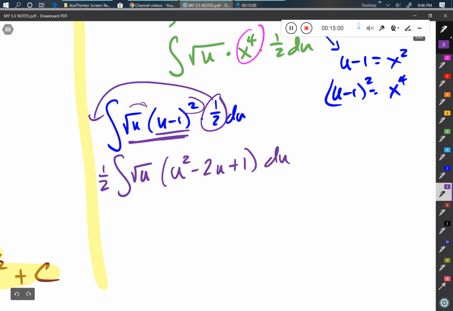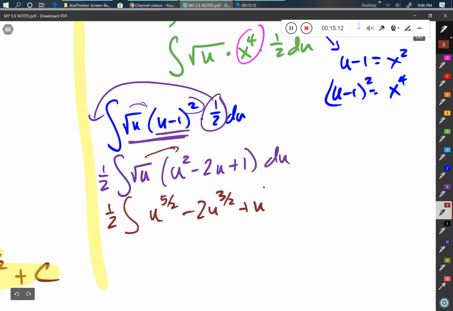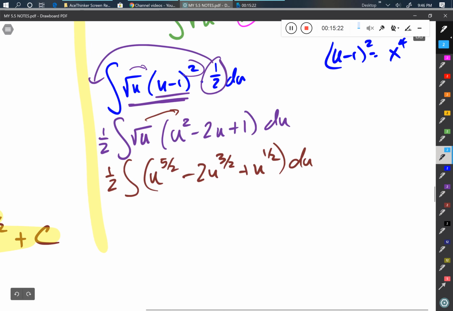Then I'm going to distribute the u squared. And then I'm going to go, okay, I can make this happen now. All the x's turned into u's. Everything is integrable.